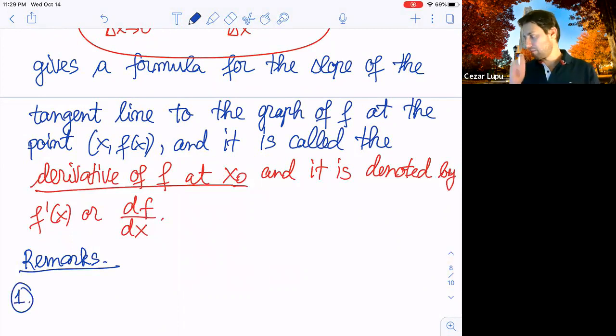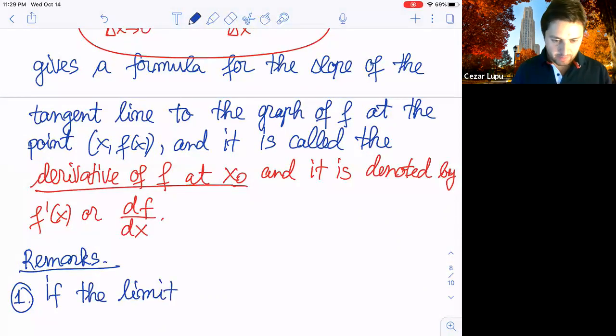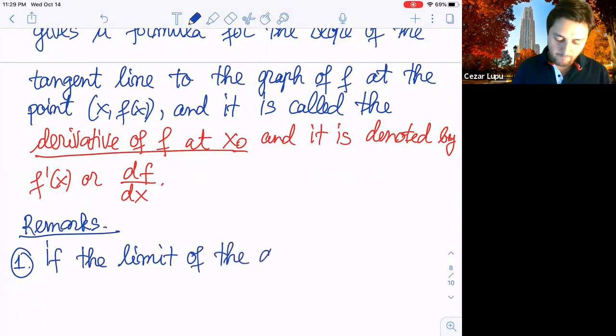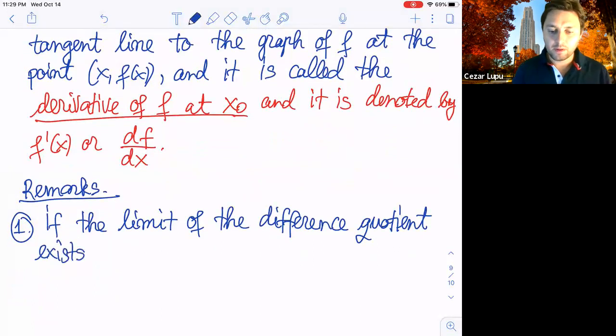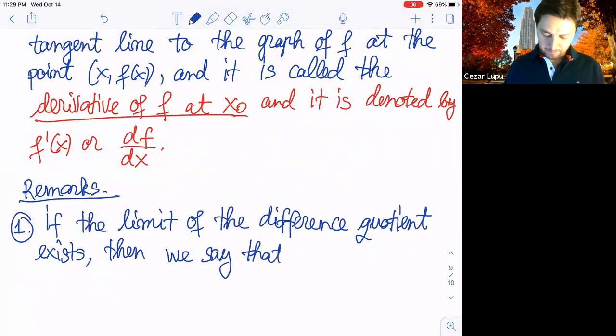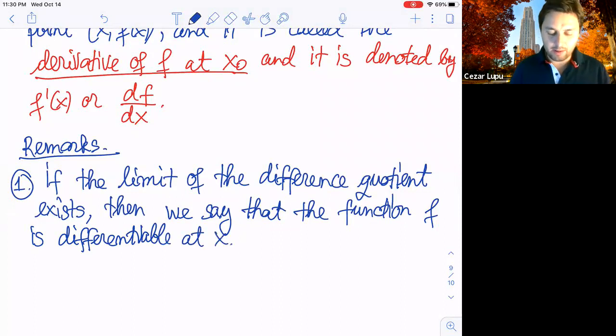The first one is that if the limit of the difference quotient exists, then we say that the function f is differentiable at the point x, let's say, f of x.